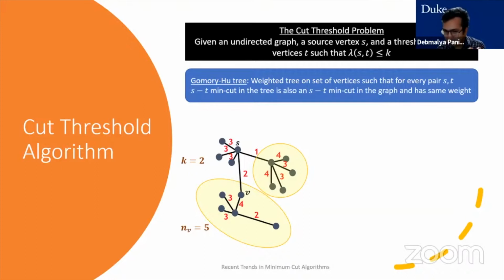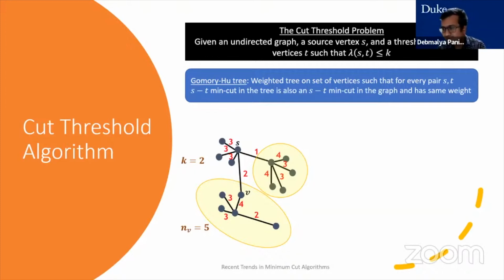Then the answer to my cut threshold problem would be exactly the set of vertices on the other side of these two edges, because their connectivity to S would be at most 2, since they have an edge of weight at most 2 on their path to S.